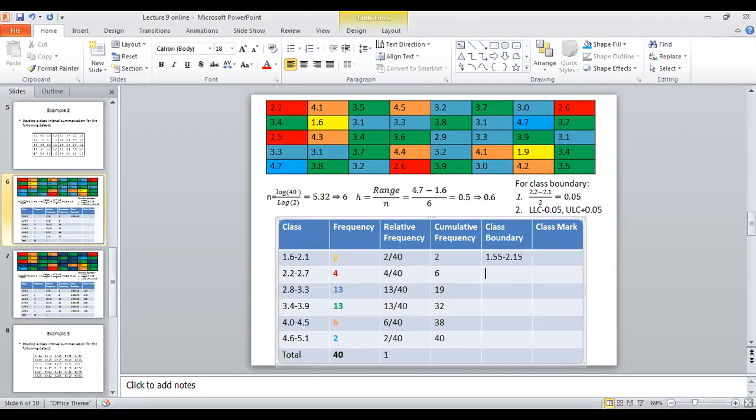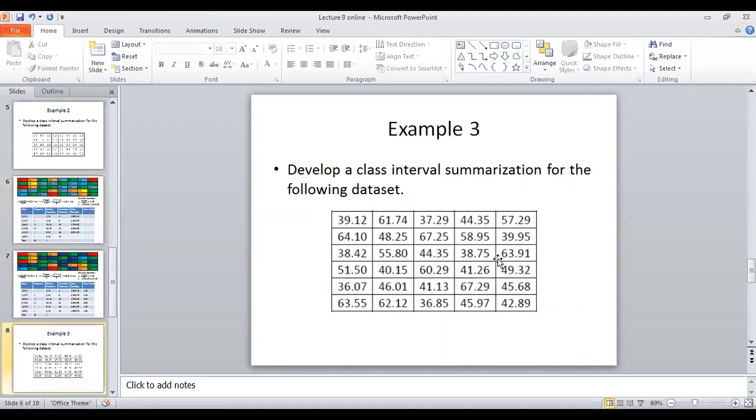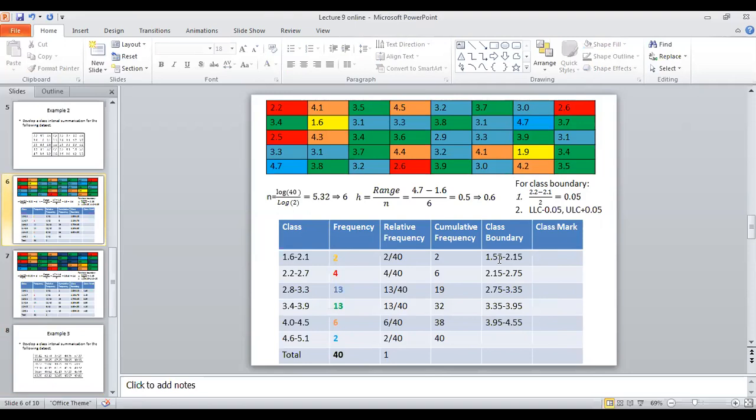Then for the second class, it is 2.15 to 2.75. Then from 2.75 to 3.35, then from 3.35 to 3.95, then from 3.95 to 4.55, and then from 4.55 to 5.15.